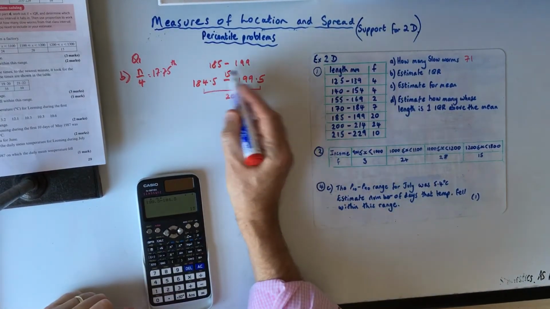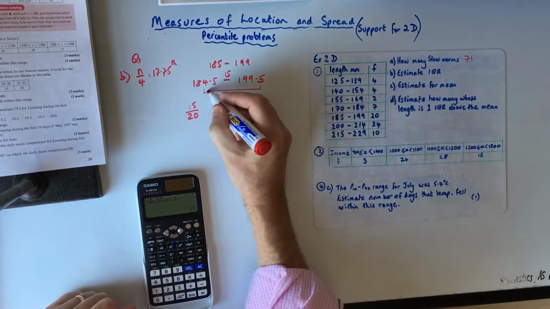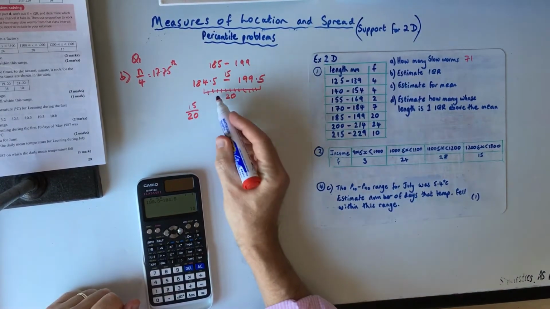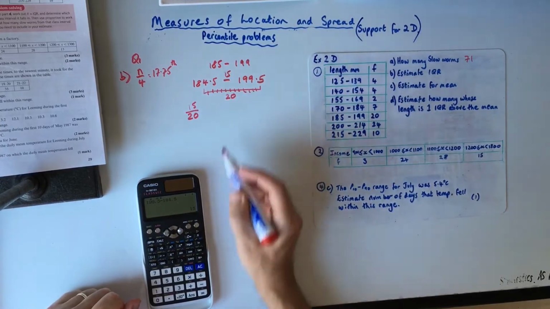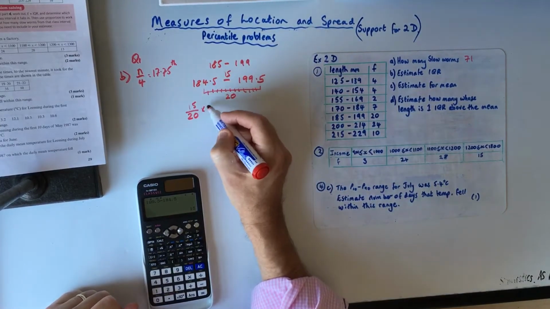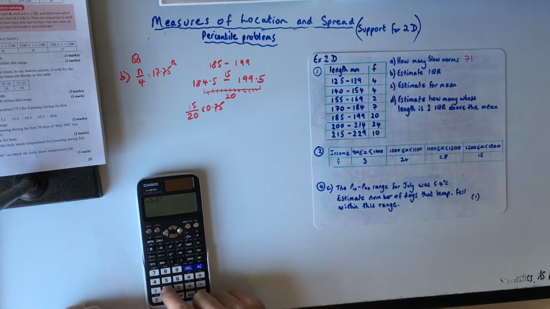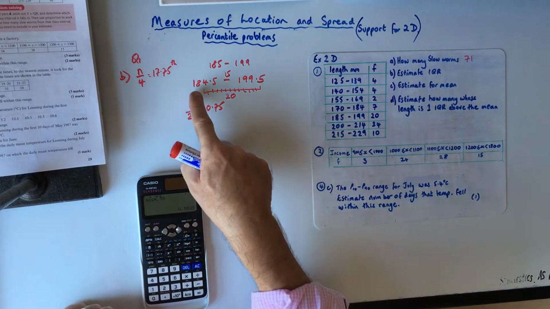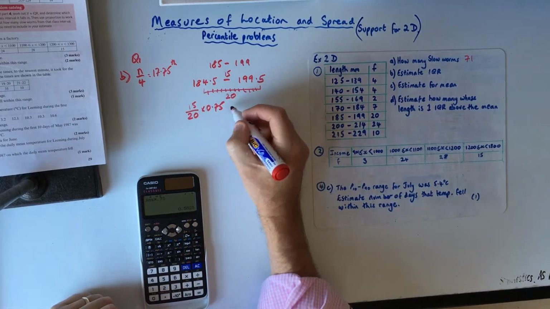So the gap is 15, and we go 15 divided by 20, because we're going to divide it into 20 equal bits. Each worm in that group is 15/20ths along, and that would take up the whole 20. We want 0.75 in that. So 15 divided by 20, which is 3/4, times 0.75 is equal to 0.5625. That's how far it is into that group.